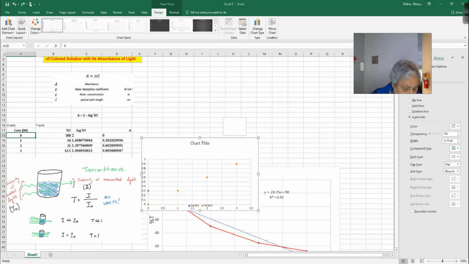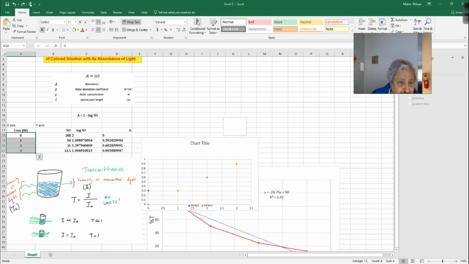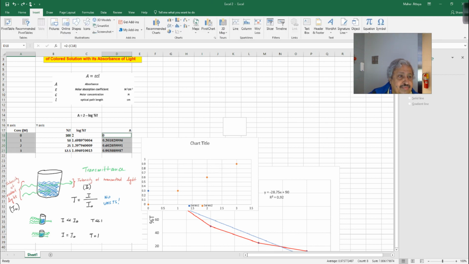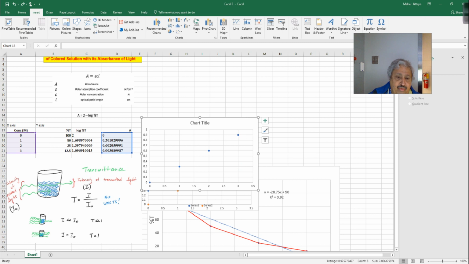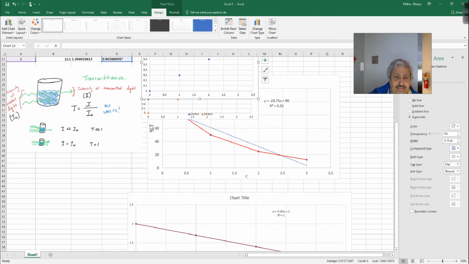So let's highlight this all the way. Okay, control, and those two, okay? Let's see how we can insert. Okay, now we have it correct. So this is the third one here.